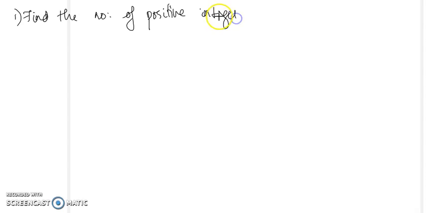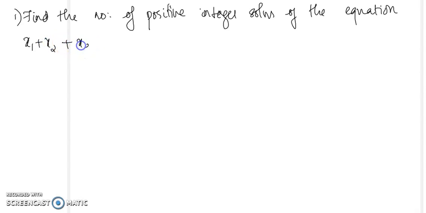So the first problem is: find the number of positive integer solutions of the equation x1 plus x2 plus x3 equal to 15.